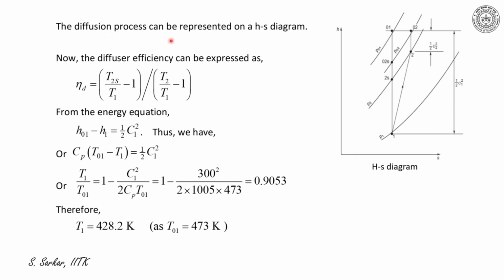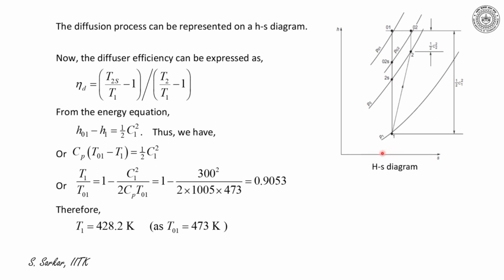Hence, the diffusion process can be represented in the HS diagram here, where P1 is the pressure at inlet to the diffuser, the temperature is T1, and the fluid enters the diffuser with a velocity C1. Similarly, P2 and T2 are the pressure and temperature of the fluid at exit of the diffuser, and C2 is the velocity at exit.